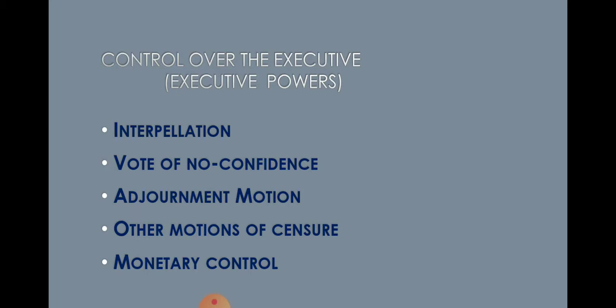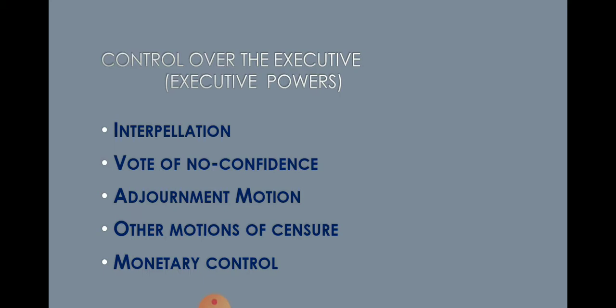Some examples of other motions of censure: rejection of a government bill, passing of a private member's bill against the wishes of the government, etc.